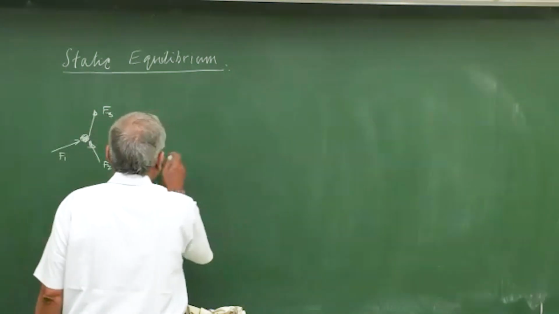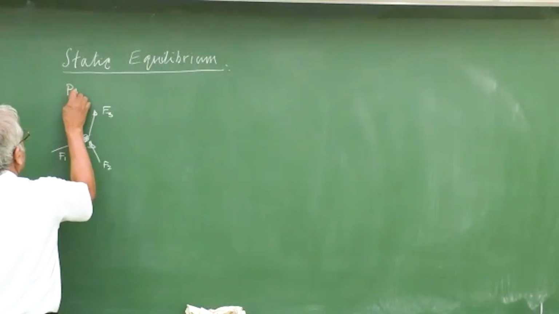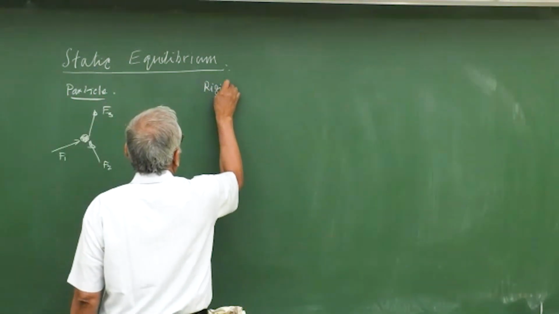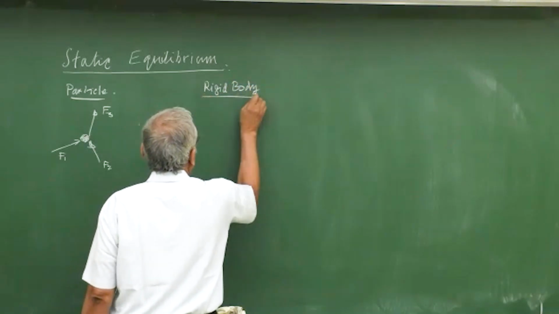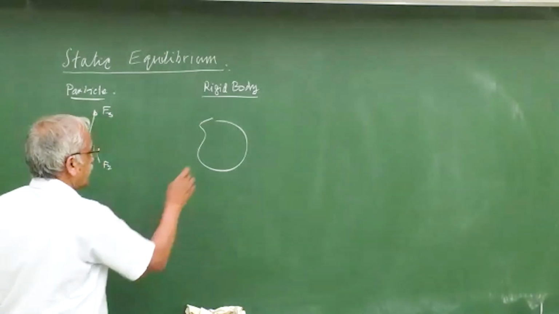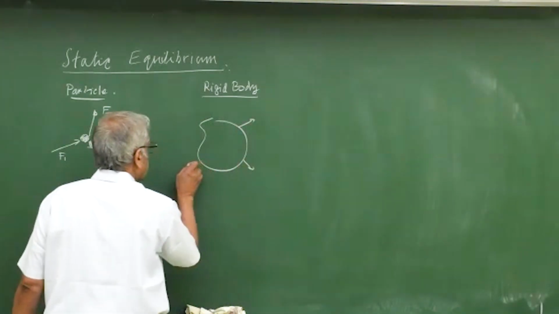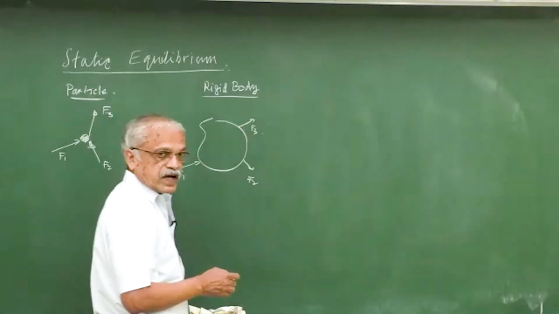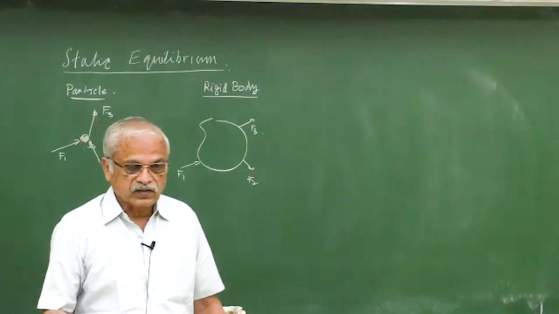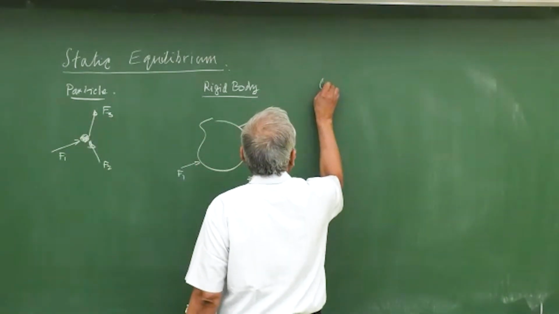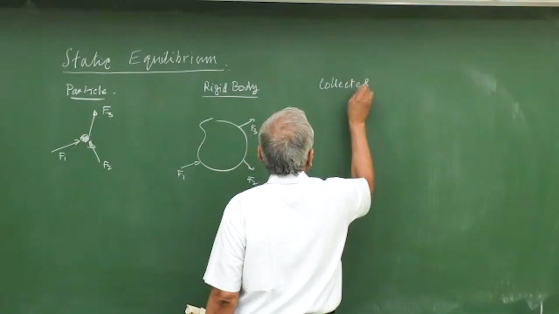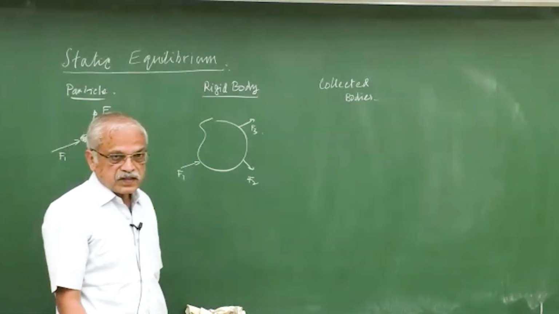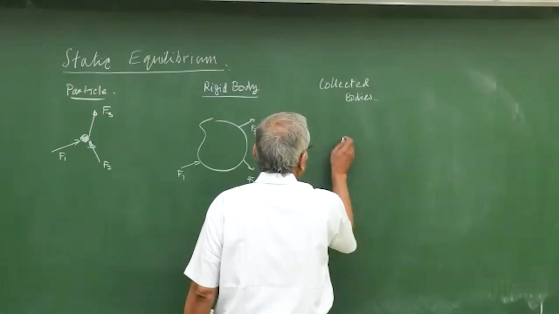Okay, and this is a particle, and we have a rigid body here, a body which has size and shape, and we have a system of collected bodies, a combination of bodies, which are interacting with each other. They are connected in some way or other, and there are many examples for that.